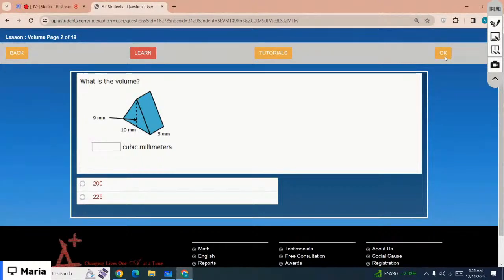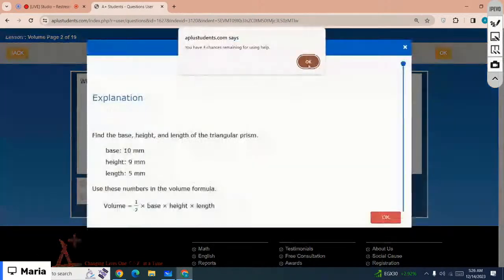You have to do, that is 1 by 3 times base times height. All right, let me just see. Half times base times height times length, right?